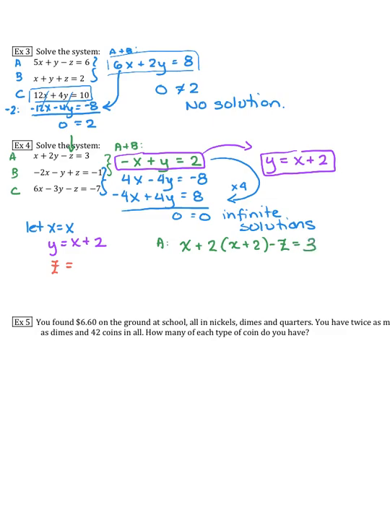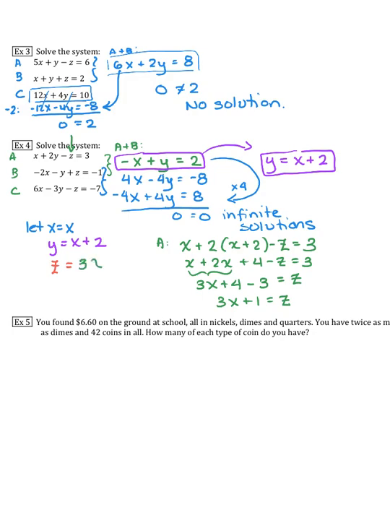So that's plugging that into equation A. So let's simplify this. x plus 2x plus 4 minus z equals 3. So we want to isolate z. So I'm going to add z to the other side and subtract 3 from this side. So this gives me 3x plus 4 minus 3 equals z.